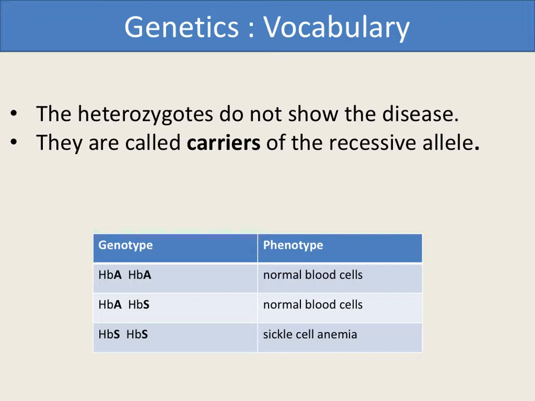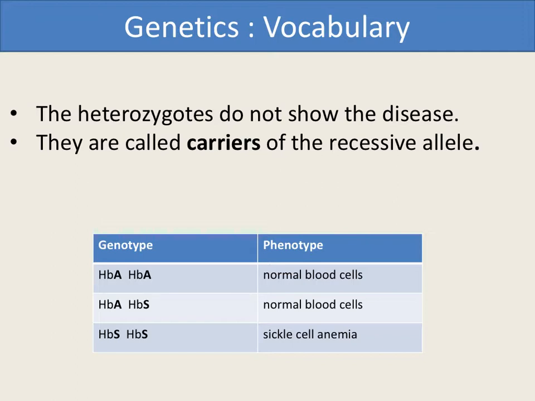So, in this case, the heterozygote HBA, HBS does not show the disease. In other words, the disease state is sickle cell anemia. Individuals who have this, their fitness is very low, if anything at all.